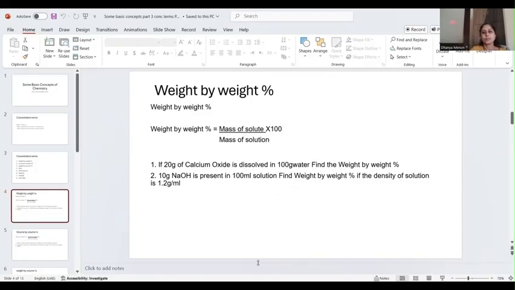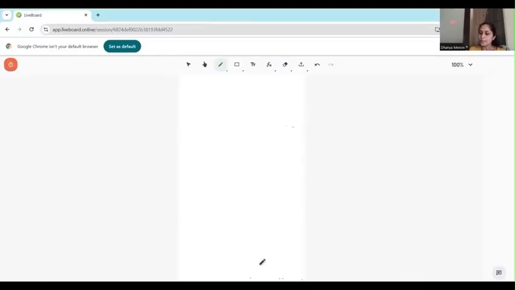Now this is the question, so please take a screenshot of the question. 20 grams of calcium oxide is dissolved in 100 grams of water. Find the weight by weight percentage.